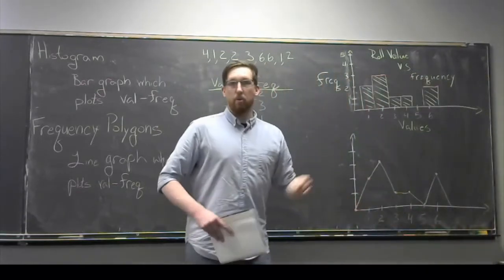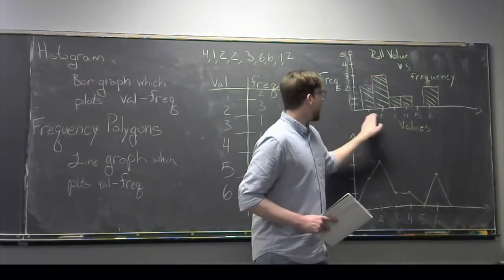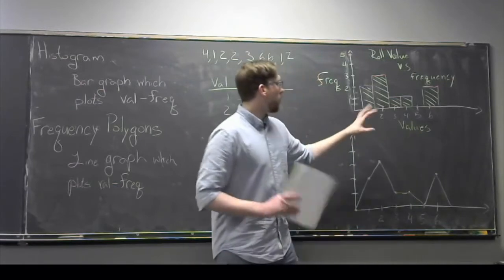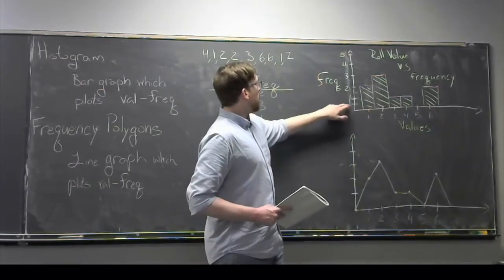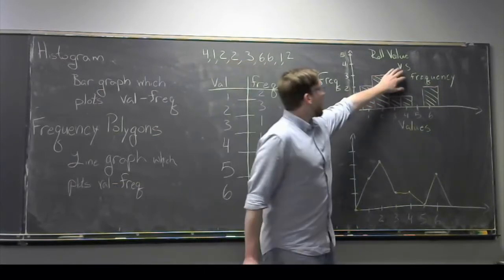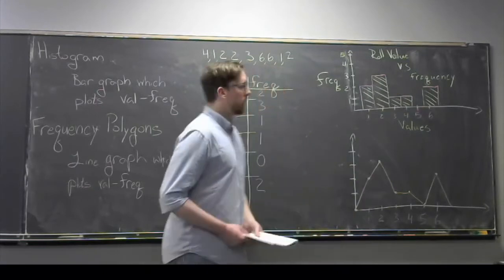So having properly made this first graph, what I should have done is stated that the x-axis is the axis of roll values, that the y-axis is the axis of frequency, and stated what this graph as a whole represents.